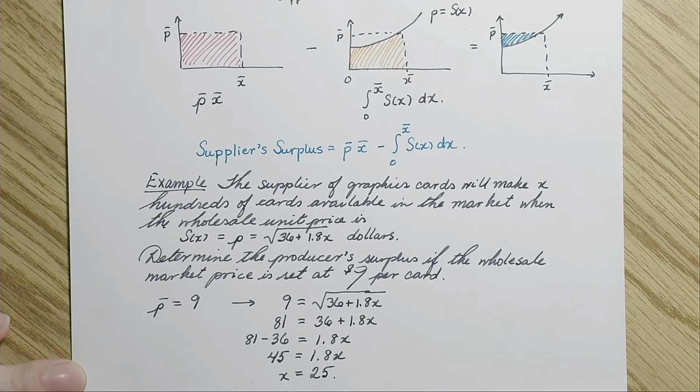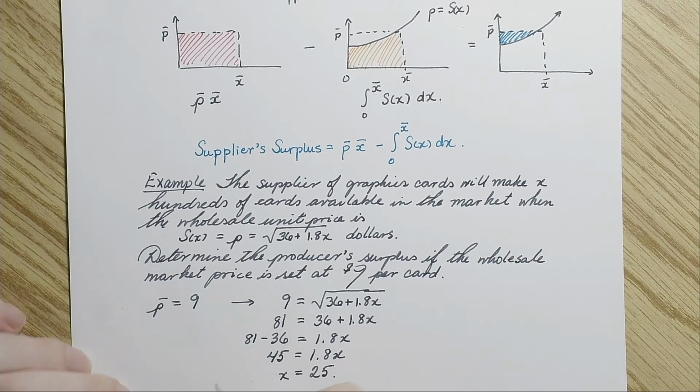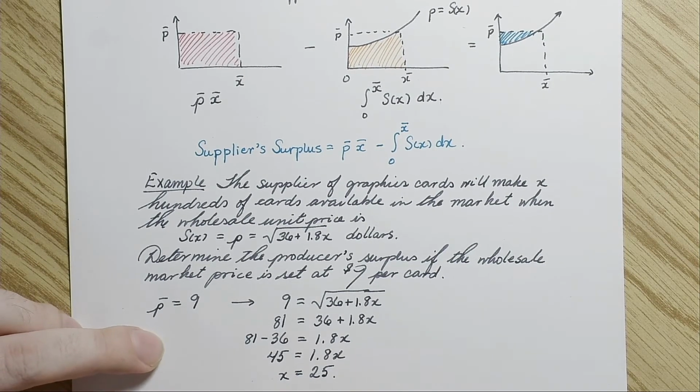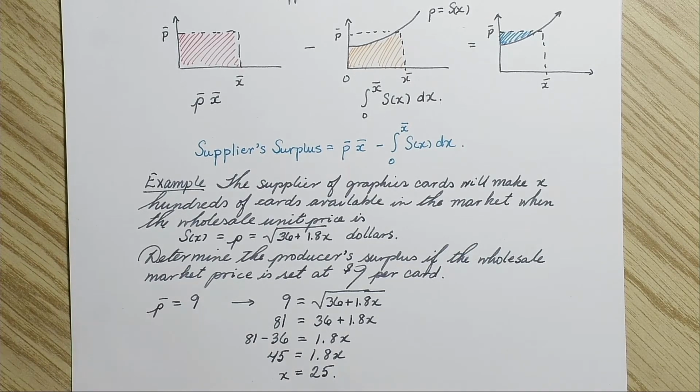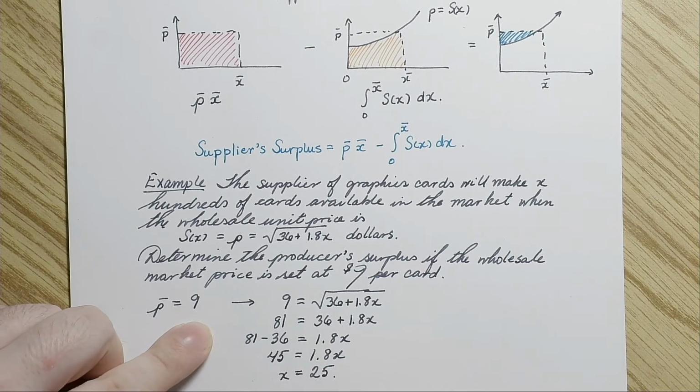Okay, so my supply surplus formula, or the producer's surplus, is equal to P bar, which is 9, times 25.